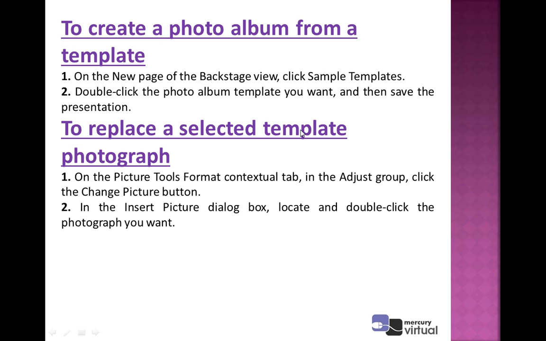Then how to replace the selected template photograph? Suppose a template has a different photograph and you want a different one. Simply replace the selected template photograph with the one that you need. First, on the Picture Tools, go to the Format contextual tab, go to the Adjust group and click on the Change Picture button.